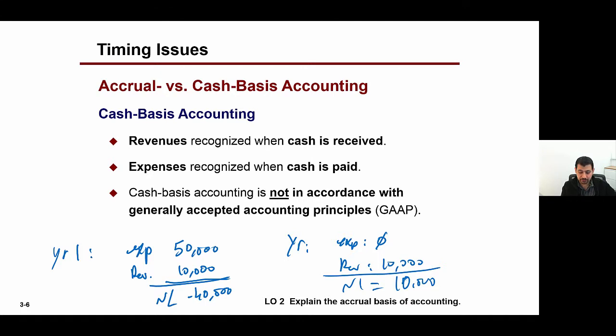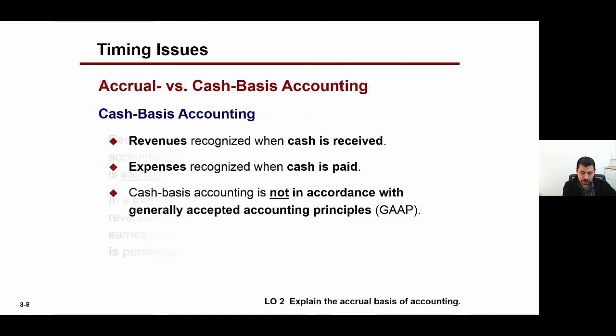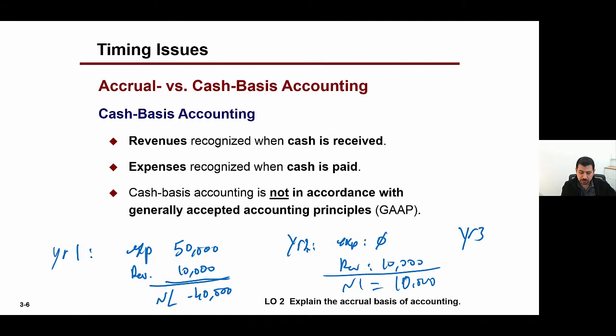The truth is that year 3 will still be 0 expenses and 10,000 revenues, which would make it again 10,000. This is a little bit misleading. Under accrual basis, the company would record the expenses as the revenues are generated.